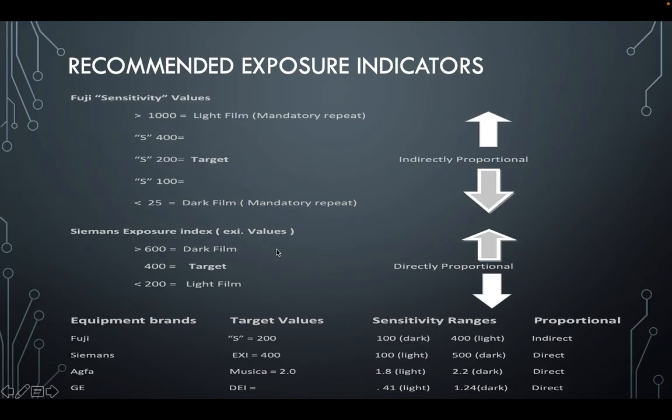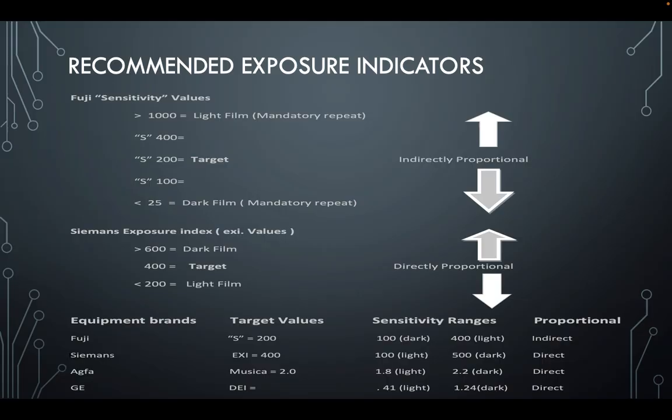For all of these, I do not expect you to memorize them. I am not going to test you on the sensitivity values for Fuji or Siemens. I want you to know your Siemens EXI numbers and your deviation index, your DI numbers for GE, because those are the systems that you're working on.